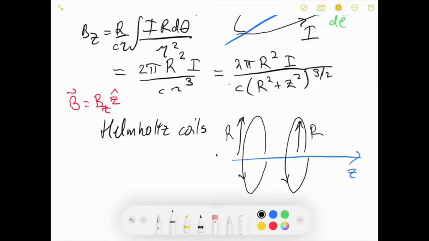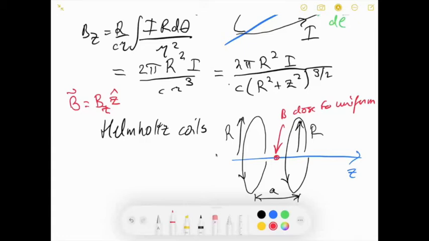There is also a case where you wire them up in the other direction, and then the idea is to set up this system in such a way to choose this distance, let's call that distance A, in such a way that if you find the field here, it will be close to uniform.